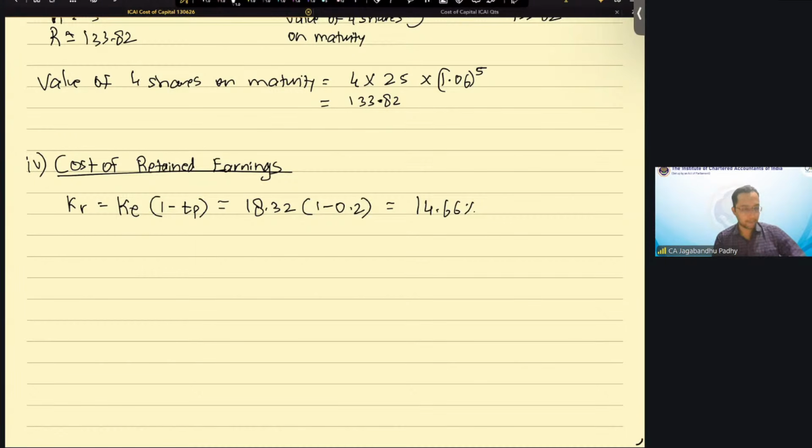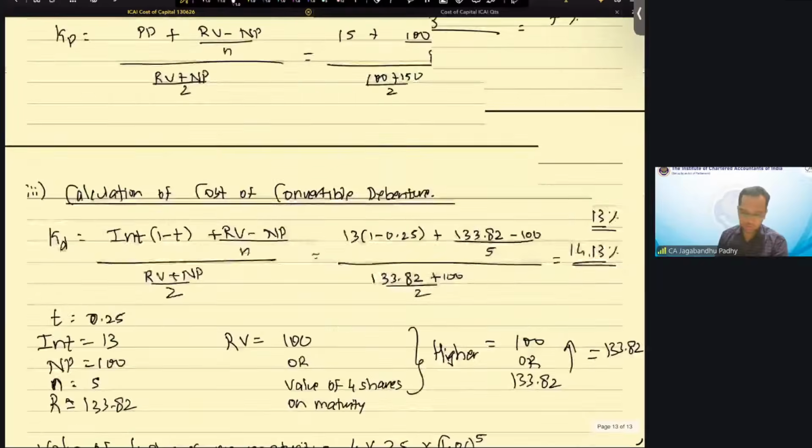Got it? So in case of retained earnings, it's not equal to K, but it's going to be K into 1 minus personal tax rate, which is 14.66%.